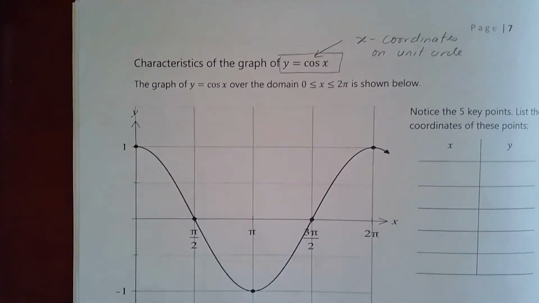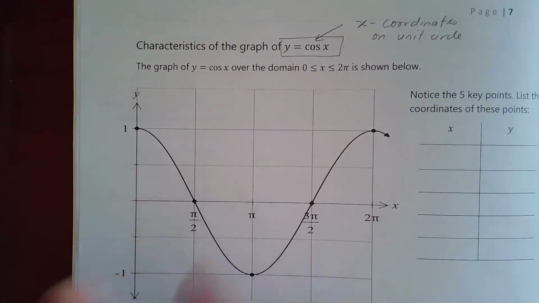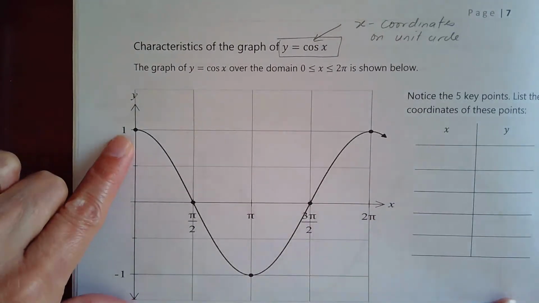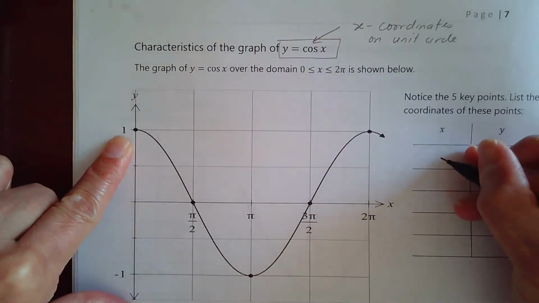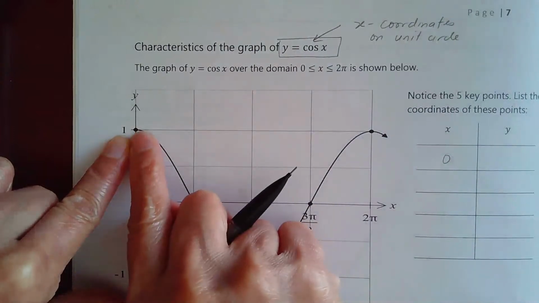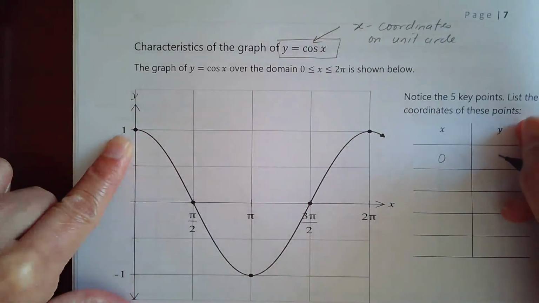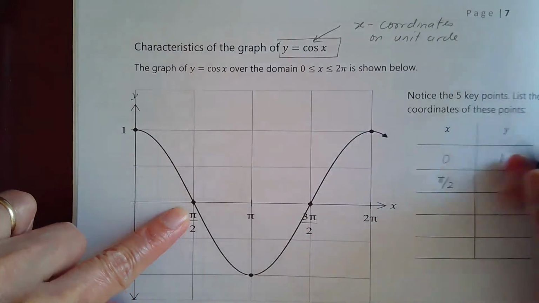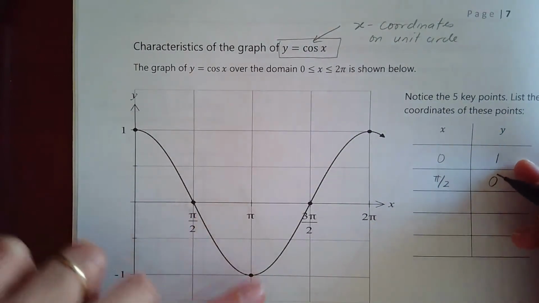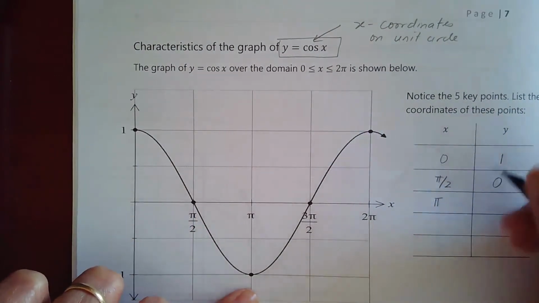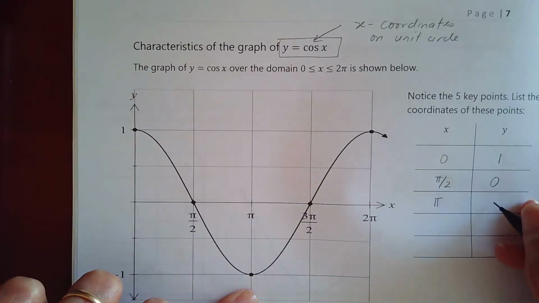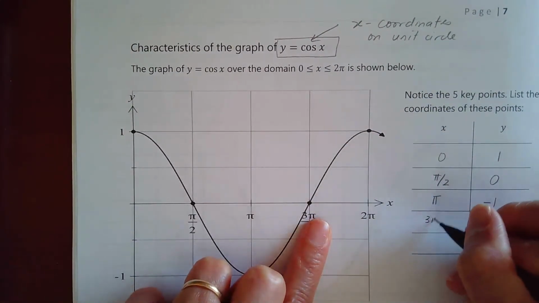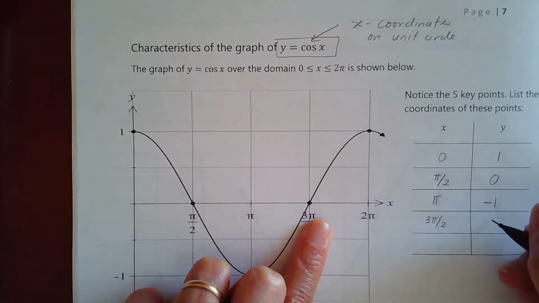So what are the key points in here? There are 5 key points. 0 is at 1. Pi halves is going to be at 0. Pi is going to be at -1. 3 pi halves is equal to 0.